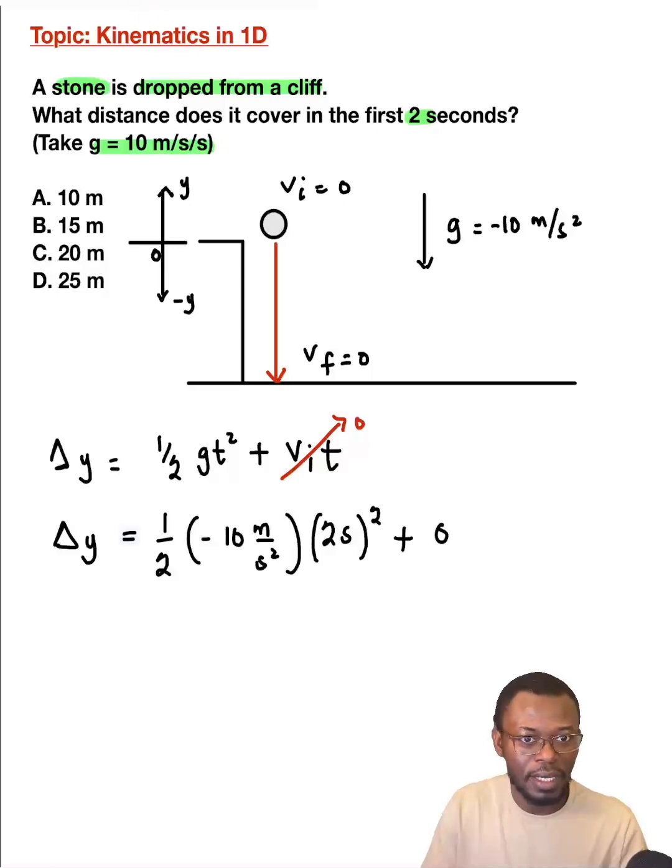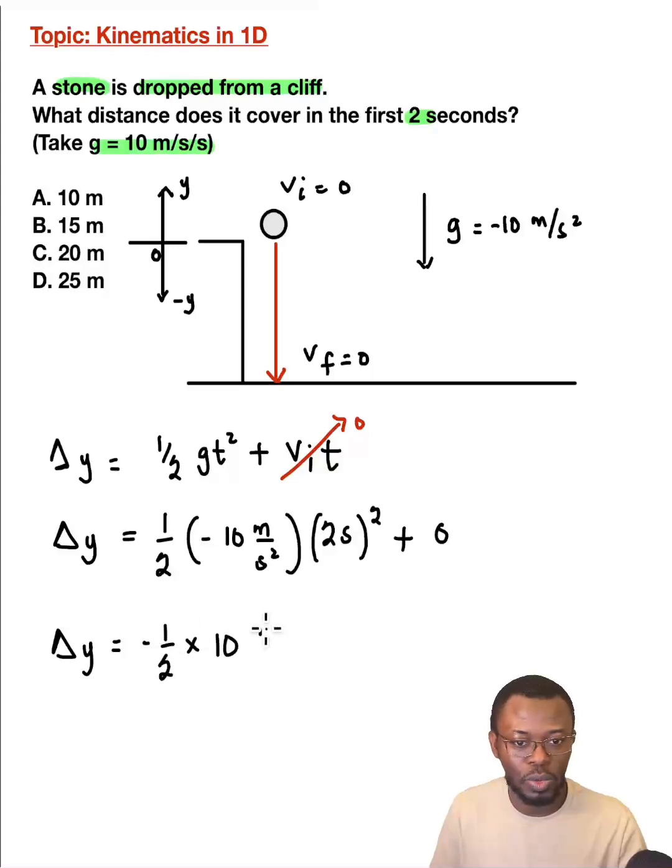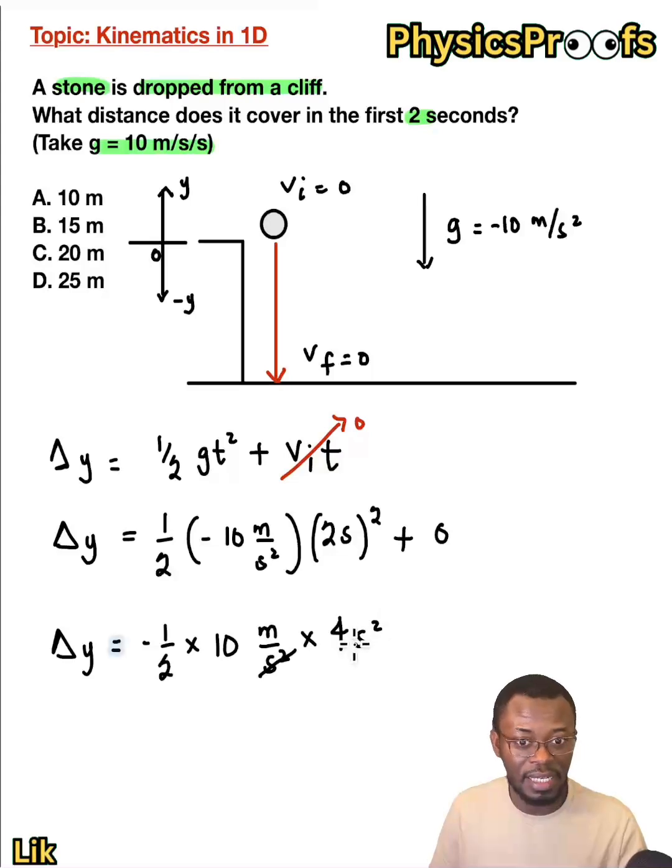From here, it is straightforward to simplify. Delta y is going to be equal to minus 1/2 times 10 meters per second squared, times 2 squared, which is 4, seconds squared. The seconds squared divides exactly to 1.